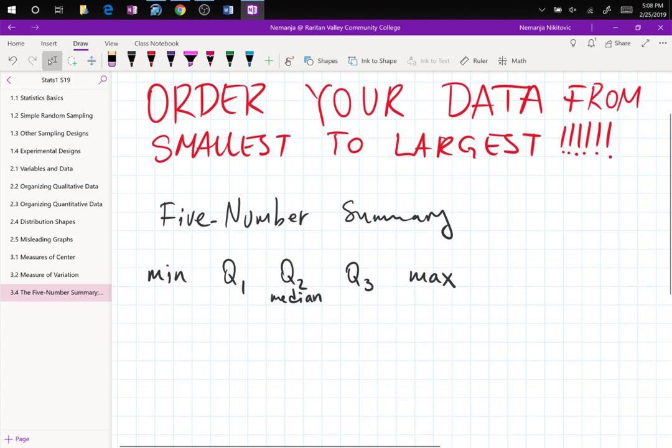So let's define all of these. Starting, let's use purple because we can. The minimum is the smallest value.